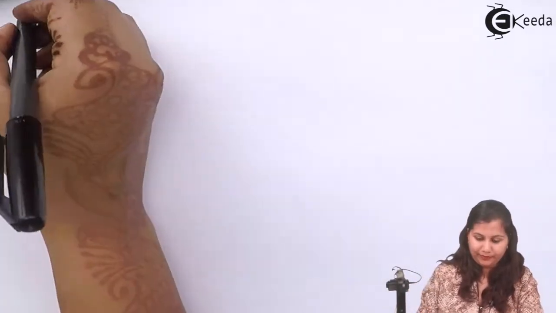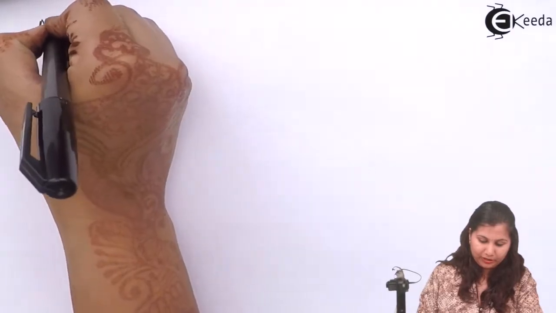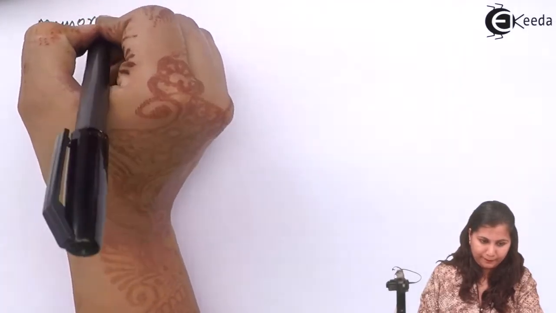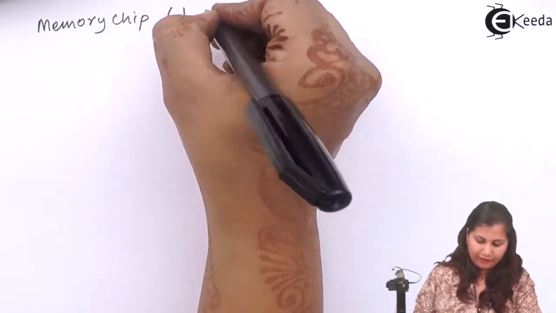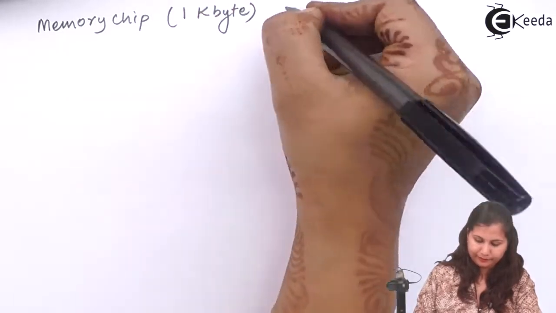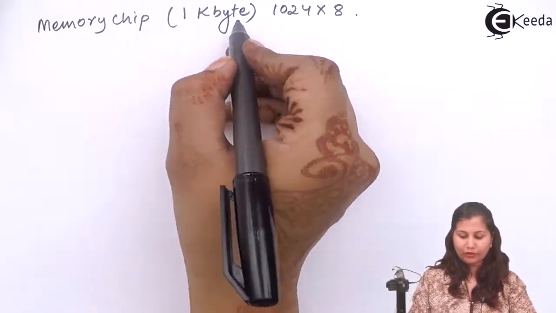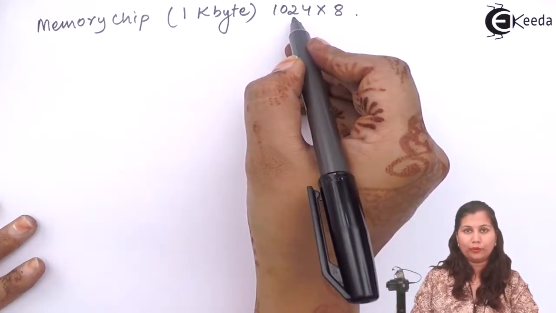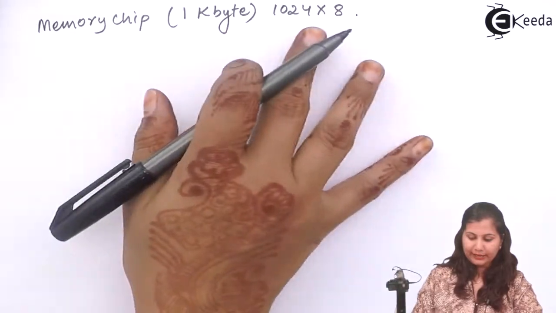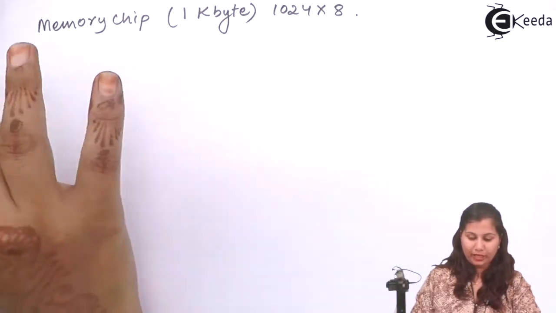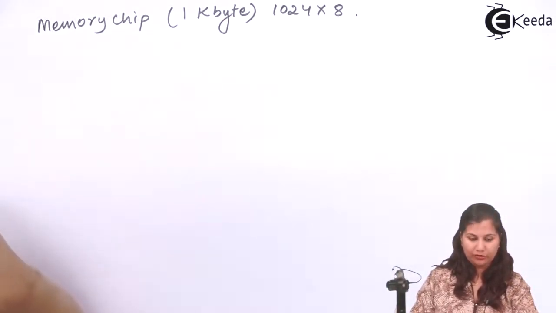Okay, let's take another example. We have a memory chip of the size 1 kilobyte. Now 1 kilobyte has 1024 bytes. This is given to us and we have to find the address range of this memory chip.